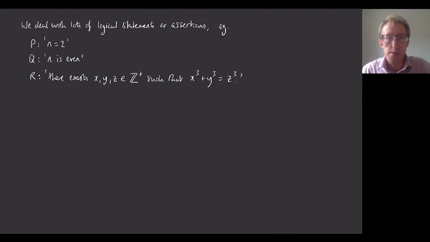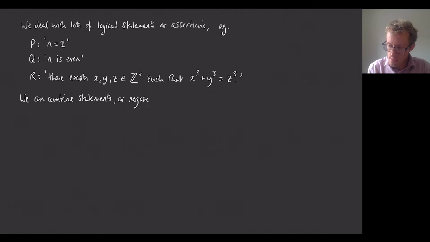So one thing that we might do is try and combine statements. And we might also try to negate them. I'll say what that means in a second. And we have a bit of notation that is sometimes used to help with this.